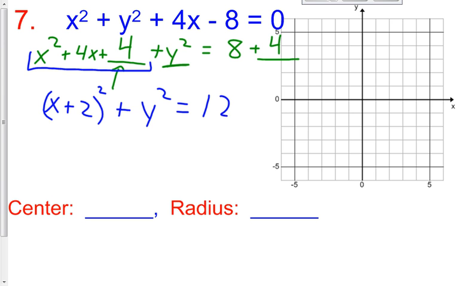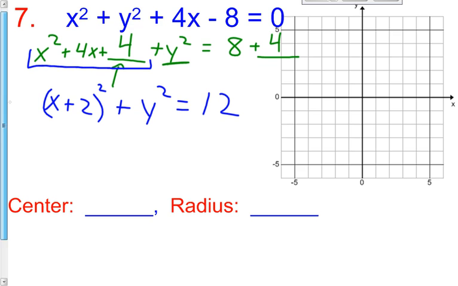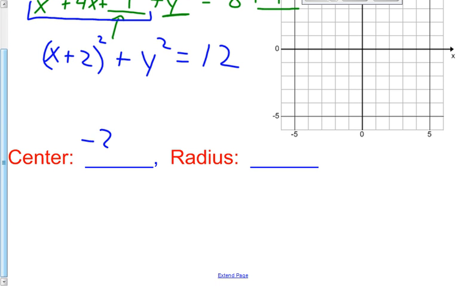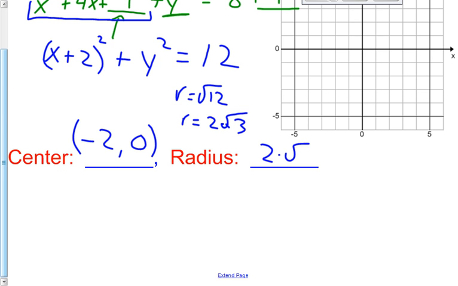That equals 8 plus 4, which equals 12. So your center is at h, k, which is at a negative 2 and 0. And your radius is the square root of 12. So your radius is the same thing as 2 times the square root of 3. 2 square root 3.